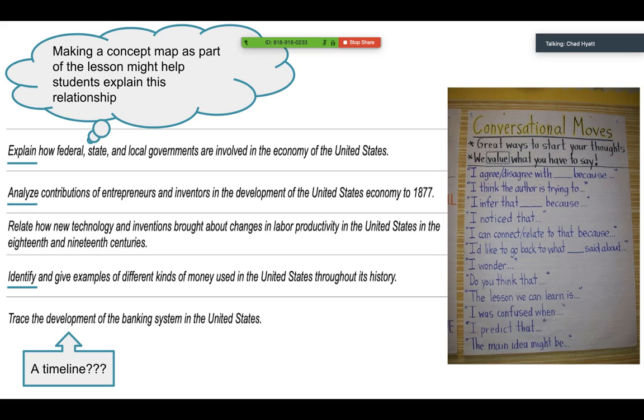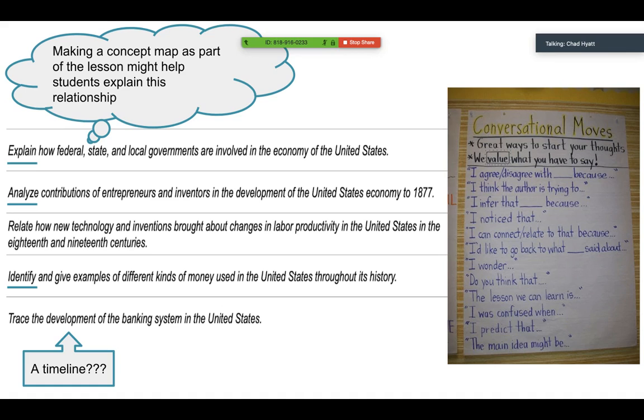And then finally, trace the development. Okay, this sounds like something over time, and so a timeline is something that comes into play to help represent this idea, and not just talk about it in a PowerPoint or a presentation of sorts, but help with the documentation of it to build that understanding and depth of learning there.